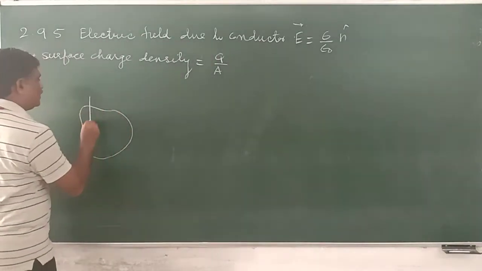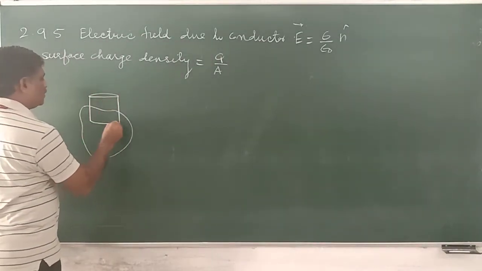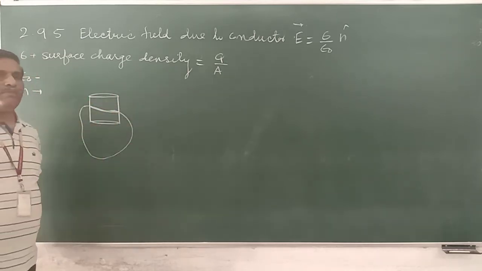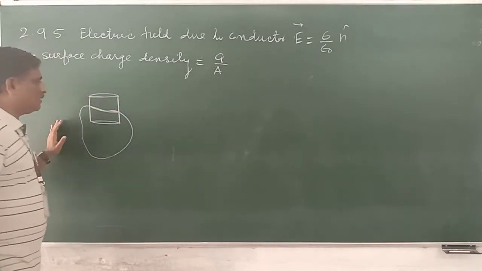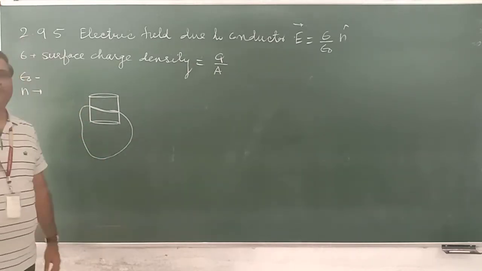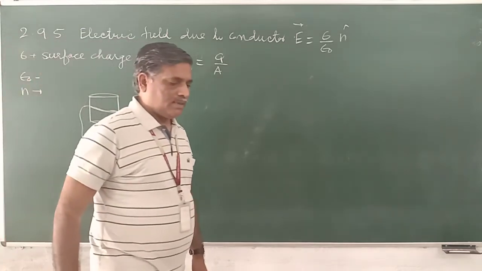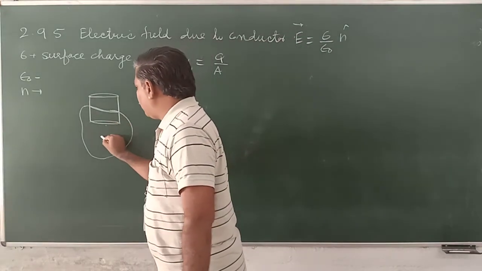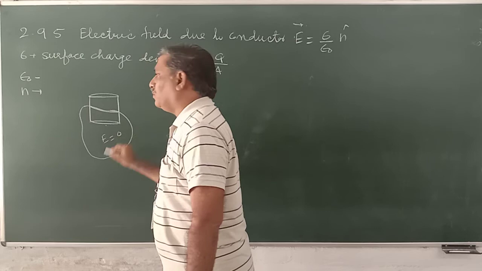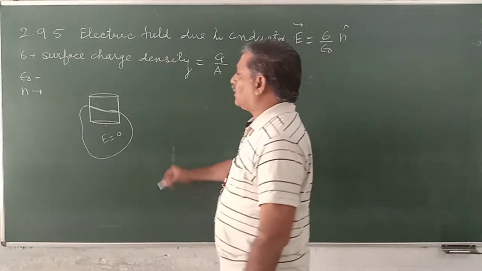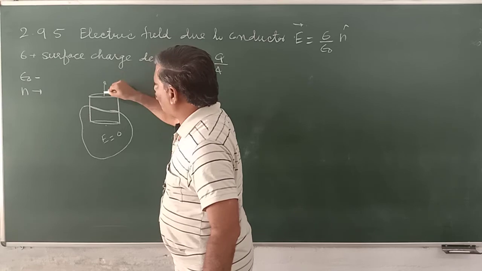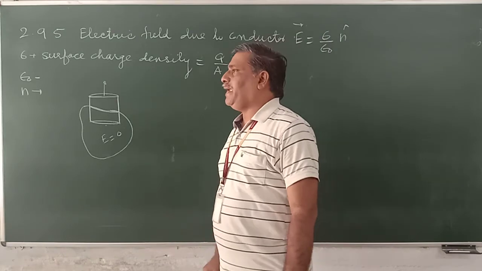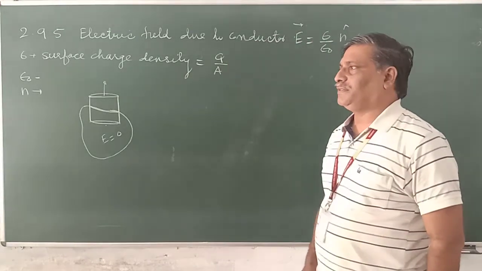One end of this Gaussian surface is outside the conductor, the other end is inside the conductor. Inside the conductor E is equal to 0. Outside the conductor E is finite and normal to the Gaussian surface.